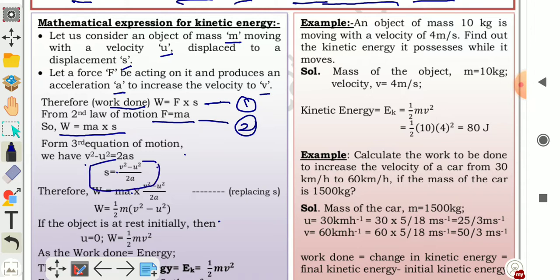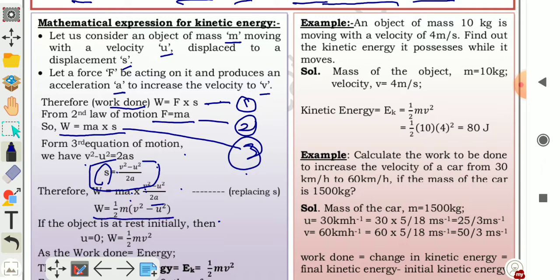Now we place this value of s in equation 3, and we get W is equal to ma into v square minus u square upon 2a. So W will equal half m within bracket v square minus u square.